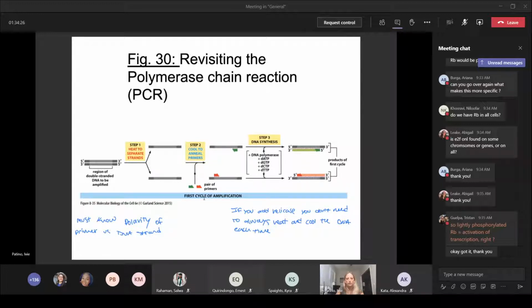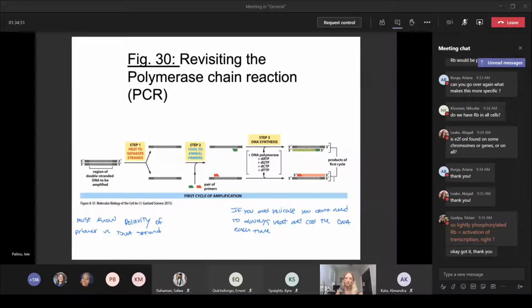He wants us to keep in mind the polarity. If we look all the way to the left, at the top we have 5' to 3', and at the bottom we have 3' on the left and 5' on the right. So you have to keep in mind which way we synthesize, which is 5' to 3'.